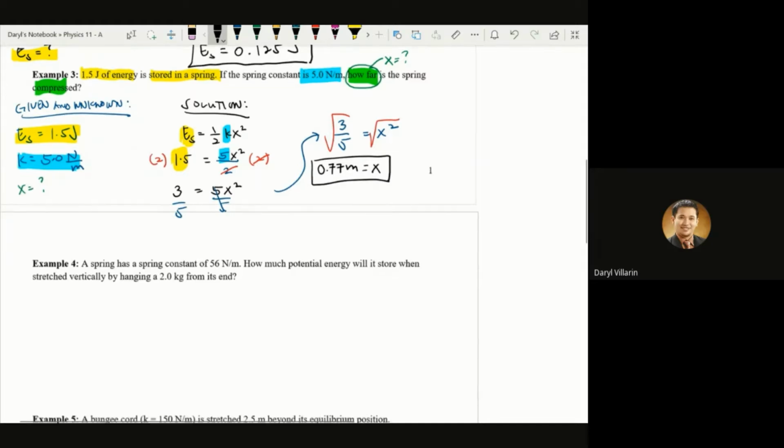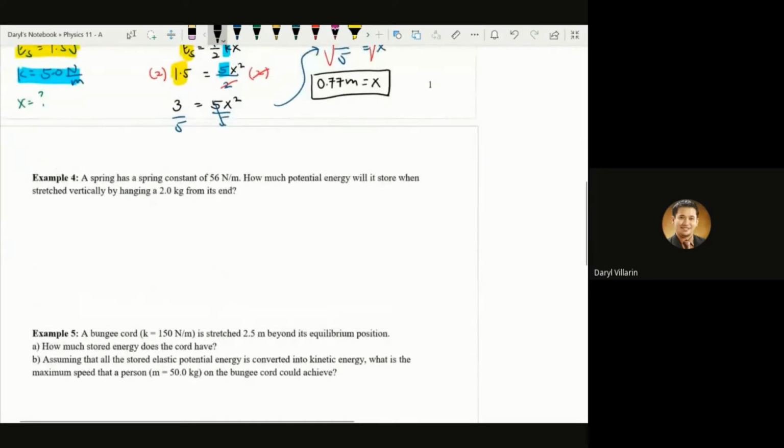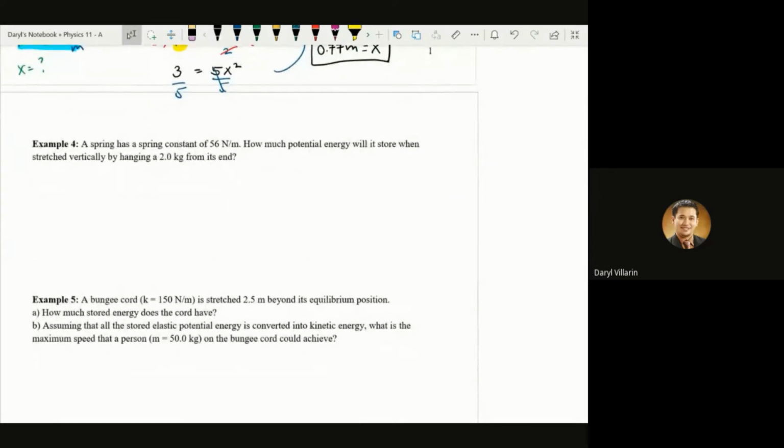Okay, example number 4. You're given here that a spring has a spring constant of 56 Newton per meter. How much potential energy will it store when stretched vertically by hanging 2 kilograms from its end? So let's try to examine what are the things that are given to me.